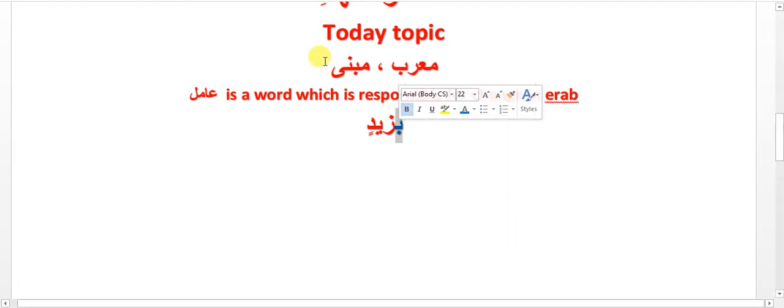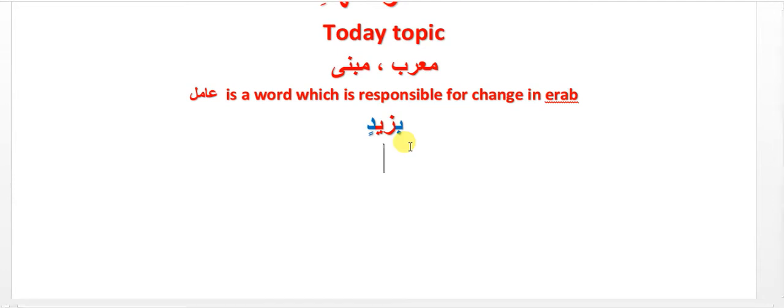So here ba is amil. Why? Because ba is responsible for changing I'rab of Zaid. So here ba is amil and the changing I'rab, that is tanween, is I'rab. I hope you understand what is amil and what is I'rab.